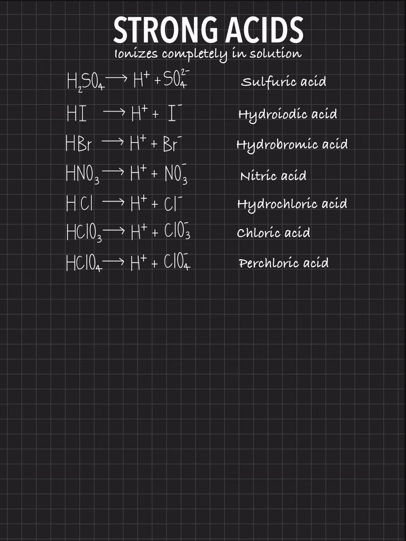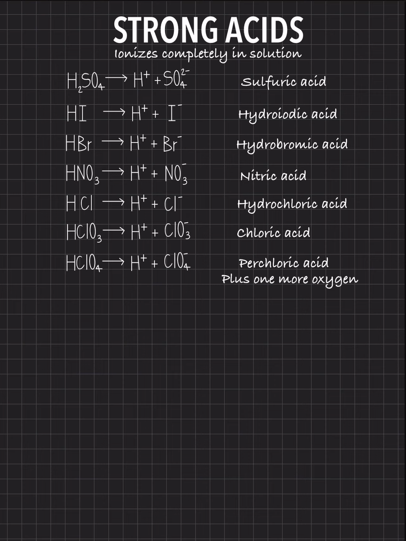The way I like to remember it is the per part. I think of it like plus an oxygen. If you notice, the difference between chloric acid and perchloric acid is an oxygen, and the difference between a chlorate and a perchlorate is an oxygen. So the per, I think of it as plus one more oxygen.